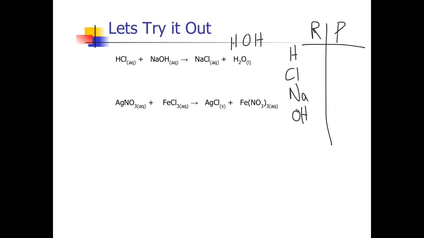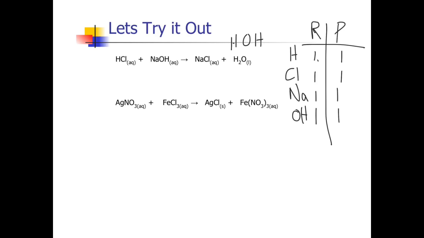Now when I look at it, I can see that I have 1 hydrogen and 1 on the other. That doesn't look right. And do 1. I have chlorine and I have sodium.